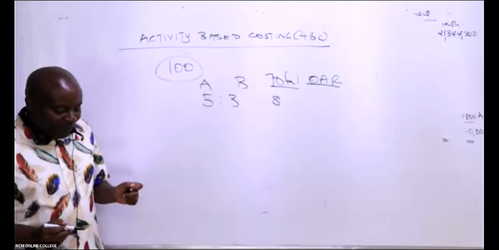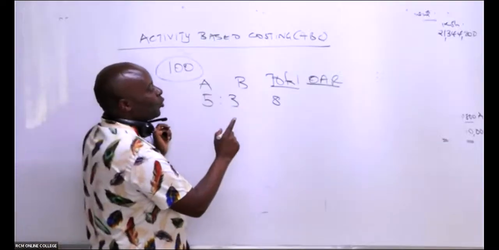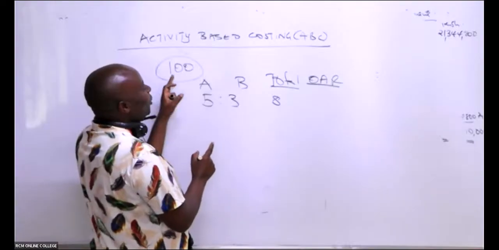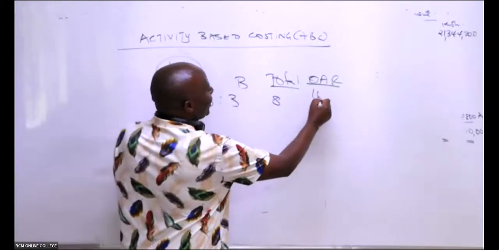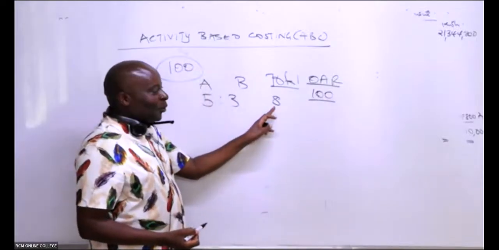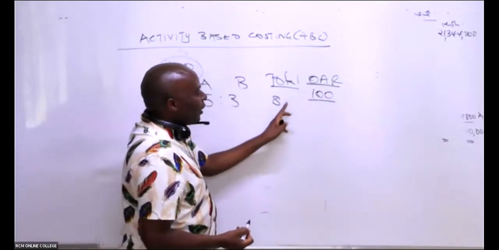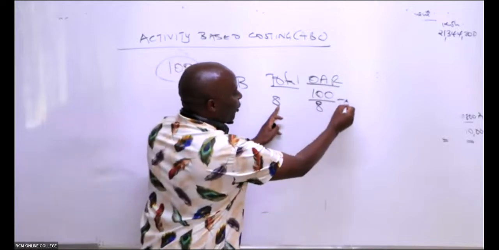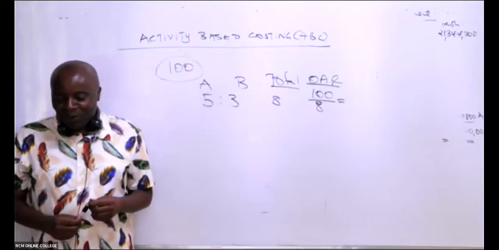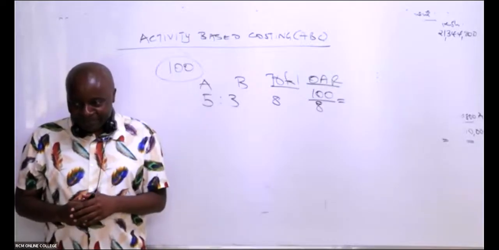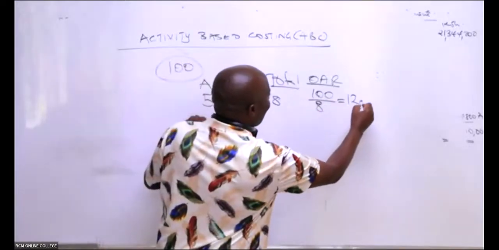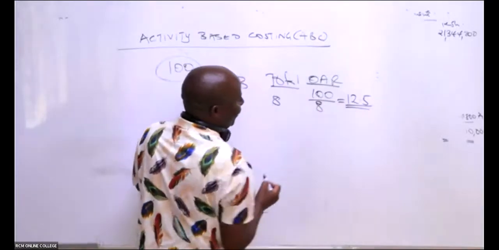In terms of overhead absorption rate, we take the total overhead, which is 100, and divide by the total proportion. So 100 divided by what here, somebody? 8. What is 100 divided by 8? 12.5, isn't it? So this gives me 12.5 per unit of the activity.